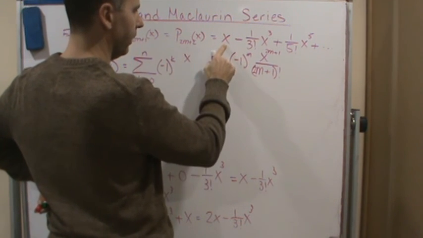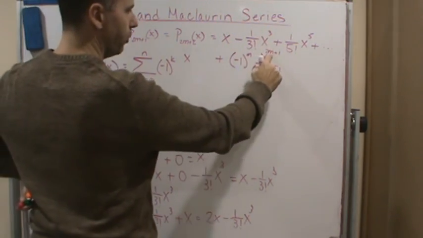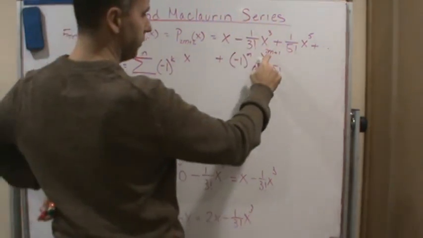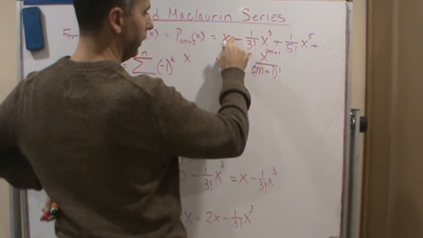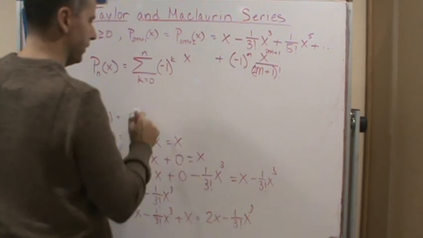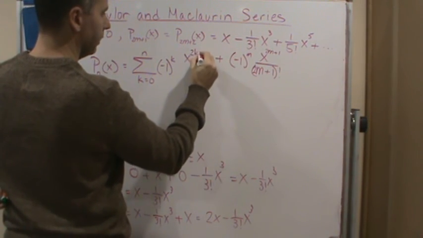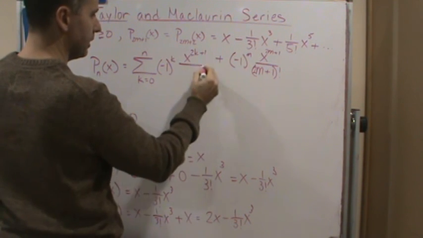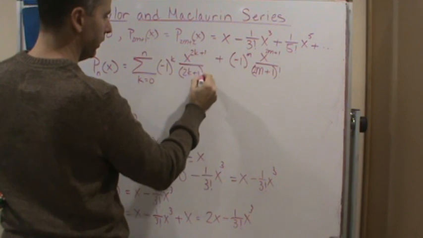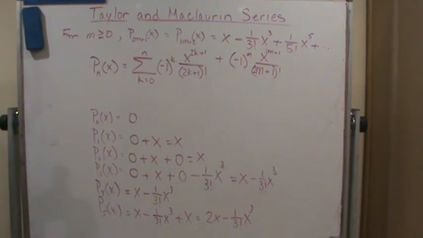Because you get extra terms in here that you shouldn't get. So if you do 2n plus 1, then that'll work. Because if you have 0 here, you'll get 1. And if you have 1, you'll get 3. Yeah, that'll work. Okay, so now this will be x to the 2k plus 1 divided by 2k plus 1 quantity factorial. And then this is the result.